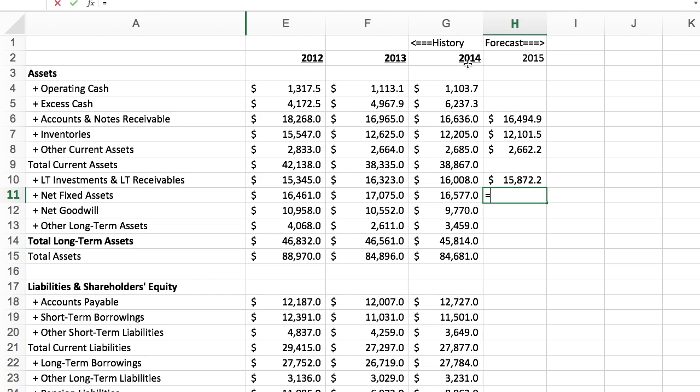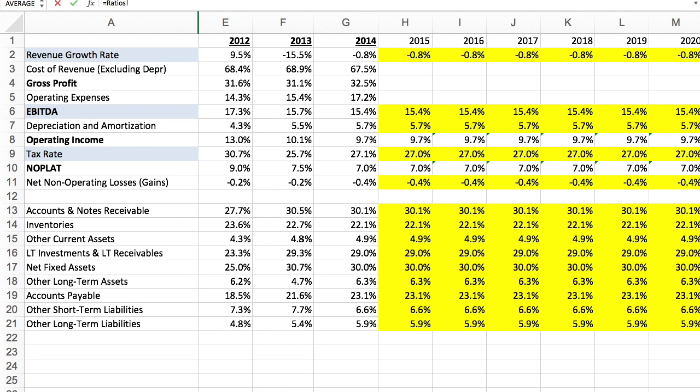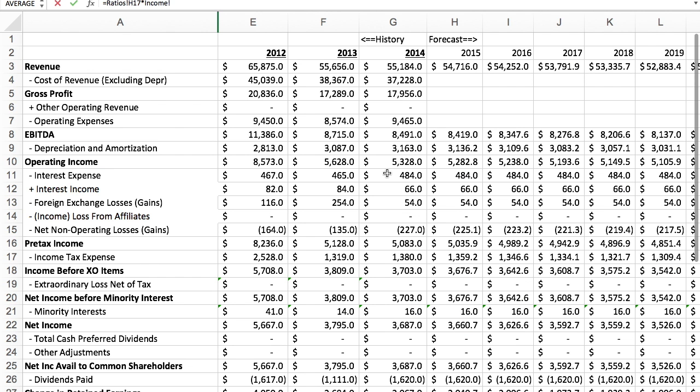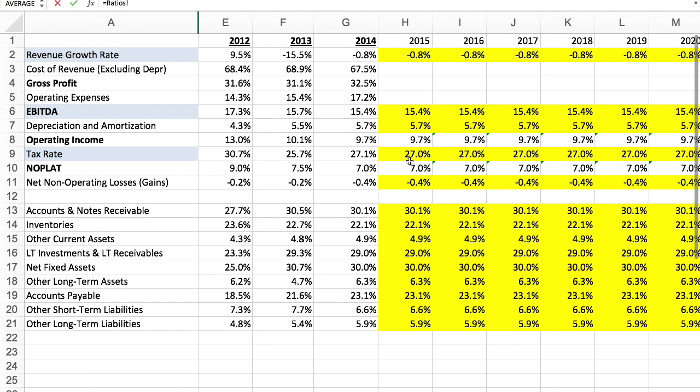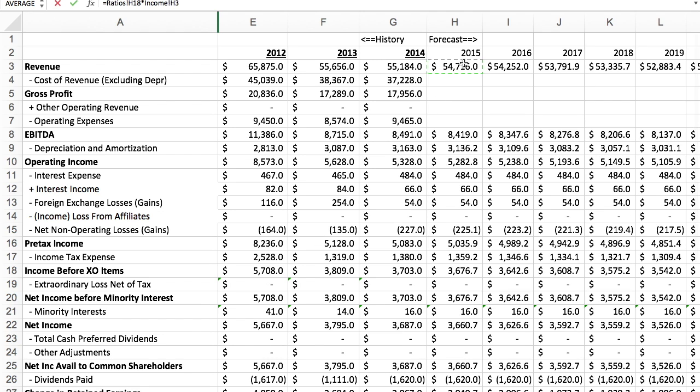Net fixed assets equals ratios 2015 net fixed assets as a percentage of revenue times income 2015 revenue. Long-term assets equals ratios other long-term assets times income 2015 revenue.